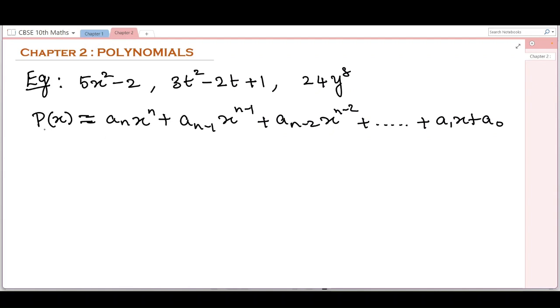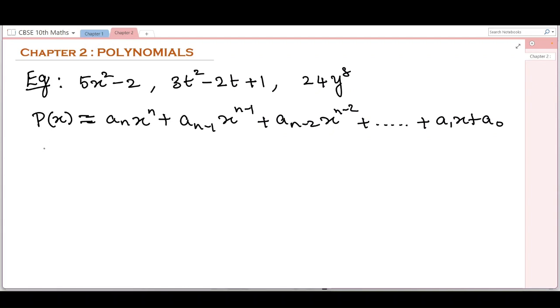That is why we represent the polynomial as p of x, and a_1, a_2, a_3, etc., a_n are all coefficients of the polynomial, and all these coefficients can be real numbers in general. But if I specifically consider only natural numbers or only integers or only rational numbers, then we call them to be integer polynomial or rational polynomial, etc.